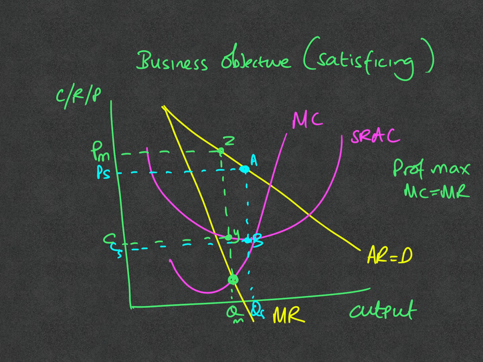So by bringing the price down slightly, we have met different stakeholders' needs as well as the owners, because there still is profits being made at PS A B C S.